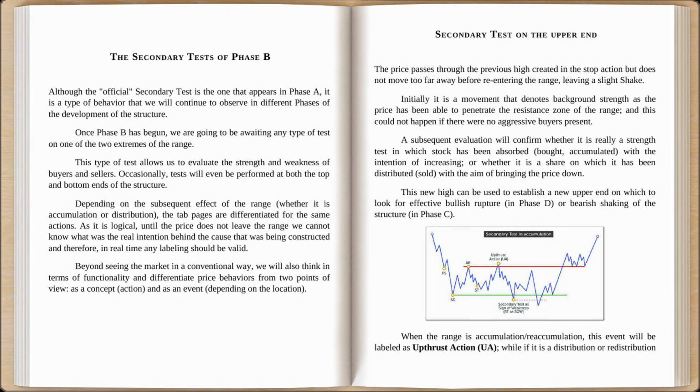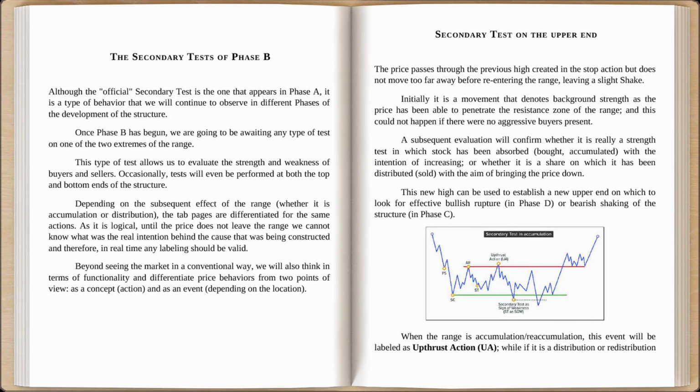Occasionally, tests will even be performed at both the top and bottom ends of the structure. Depending on the subsequent effect of the range, whether it is accumulation or distribution, the tests are differentiated for the same actions. As is logical, until the price leaves the range, we cannot know what the real intention behind the cause being constructed was, and therefore, in real time, any labeling should be valid.